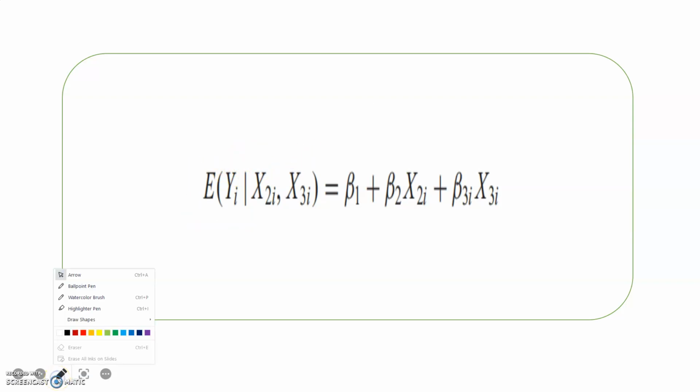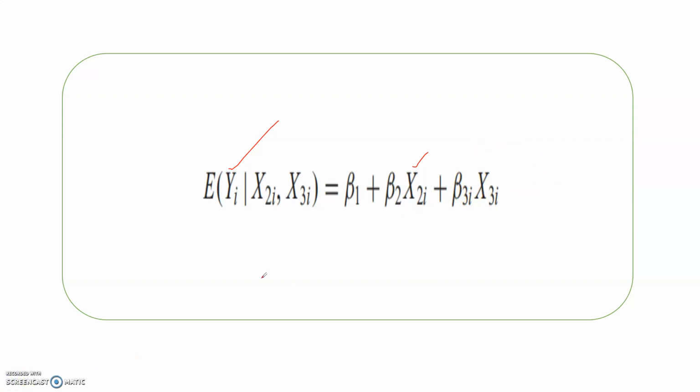Now let's talk about beta 1, beta 2 and beta 3. As we have already discussed, beta 1 is the intercept term, and beta 2 and beta 3 are partial regression coefficients. Now what do we mean by that? Why are they called partial regression coefficients? Beta 2 measures the change in the mean value of y per unit change in x2, holding the value of x3 constant.